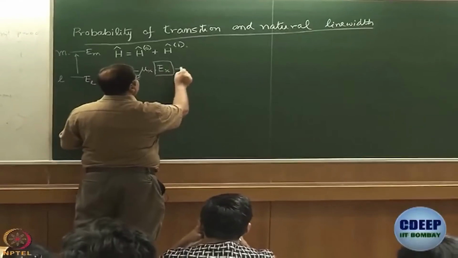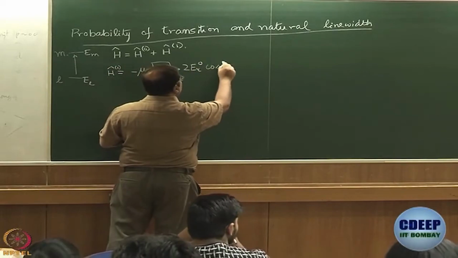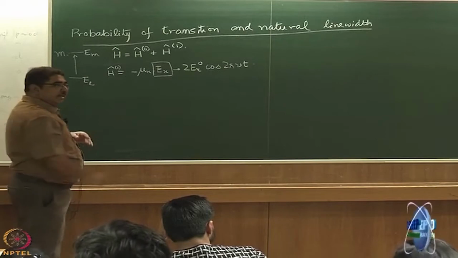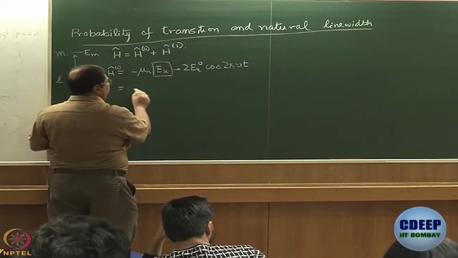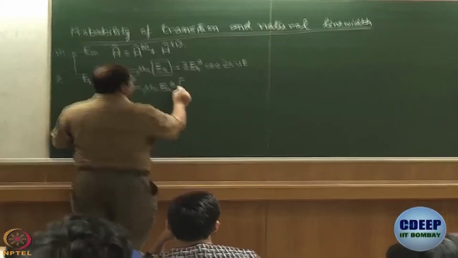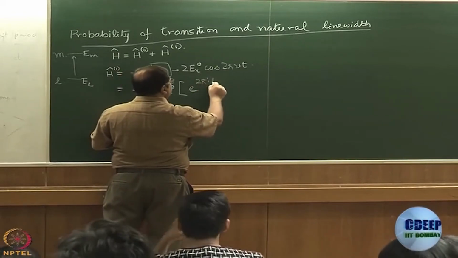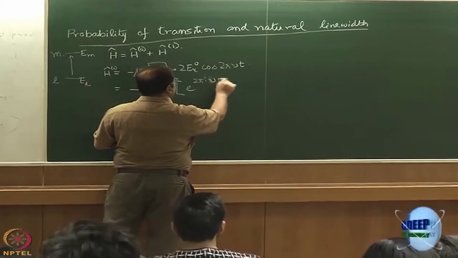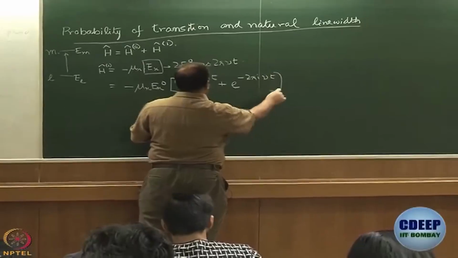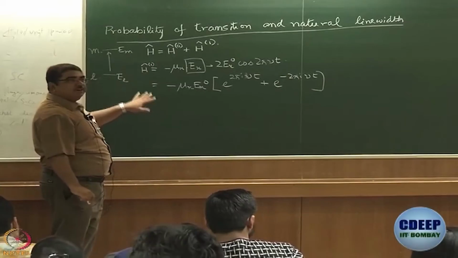So, this Ex we had written as 2 Ex0 cos 2 pi mu t, and then this had boiled down to minus mu x Ex0 times e to the power 2 pi i mu t plus e to the power minus 2 pi i mu t. Is that right? So, this was the formulation of the perturbation.